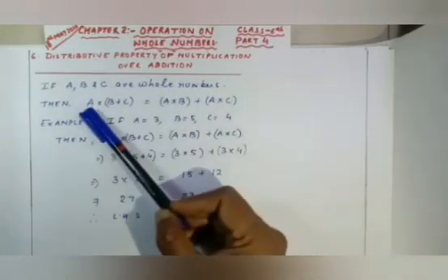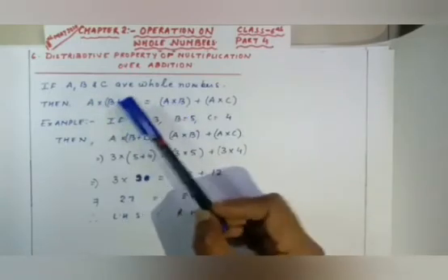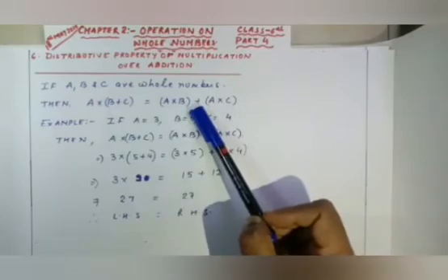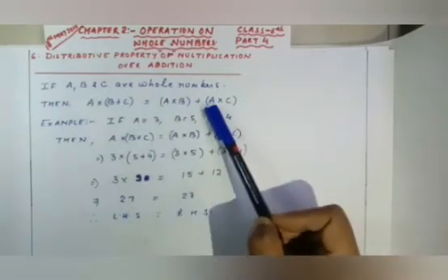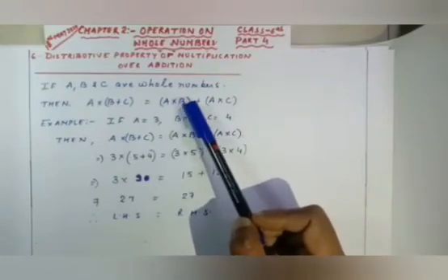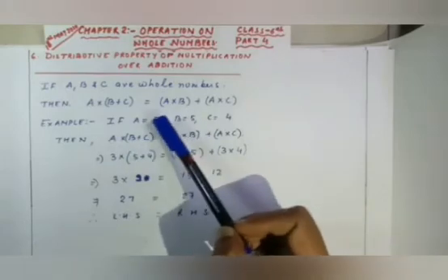First I am going to multiply a by b in one bracket, the plus sign will come in the middle, and again I will multiply a by c, so it will be a into b plus a into c.